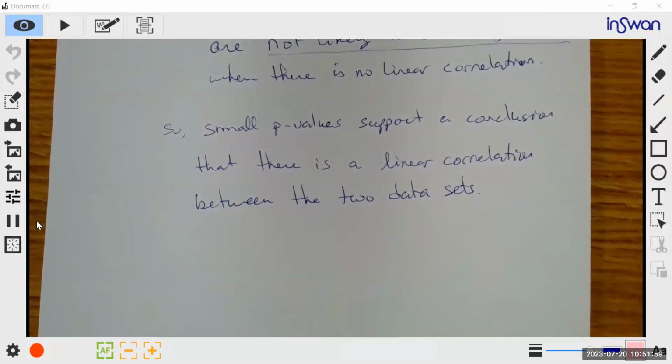This next example will examine a correlation between shoe print lengths and height.